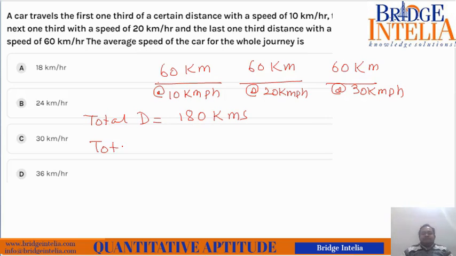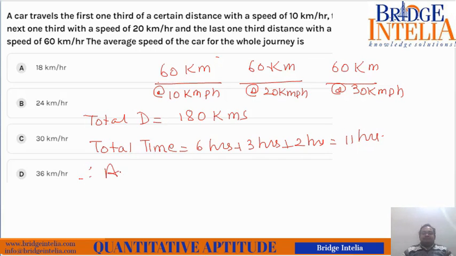Total time: time to cover this patch 60 by 10, 6 hours. Time to cover this patch 60 by 20, 3 hours. Time to cover this patch 60 by 60, 1 hour. So that is equal to 10 hours. Therefore average speed, total distance by total time. So 180 by 10.